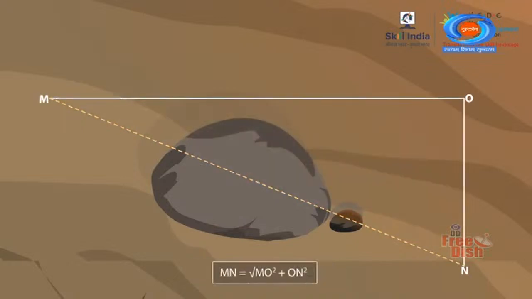As MN is the hypotenuse of the triangle, you can calculate its length with the formula MN is equal to the square root of MO squared plus ON squared.